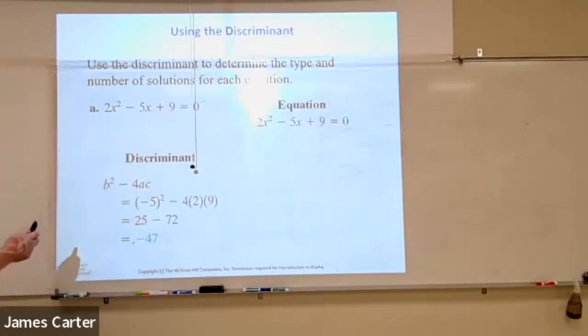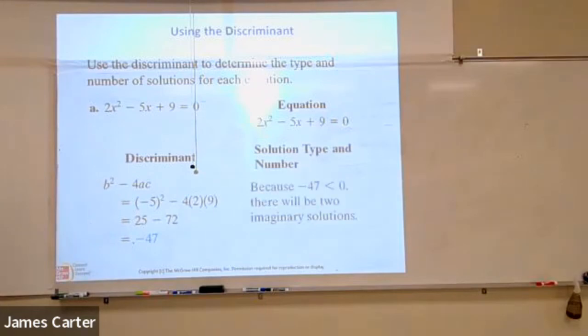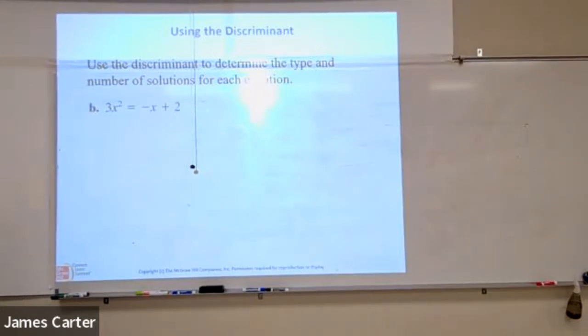Let's go to their next example. Here it just says you got a pair of imaginaries. Anytime you get a negative number, you're going to get 2 imaginaries, because when you throw the radical over it, they go imaginary. Okay, what about this one? Well, let's move those 2 pieces over to the other side.